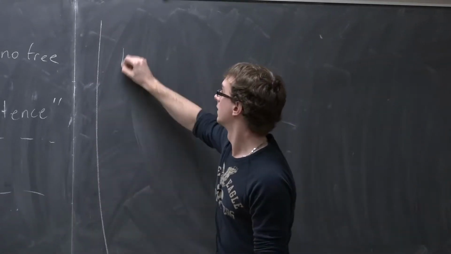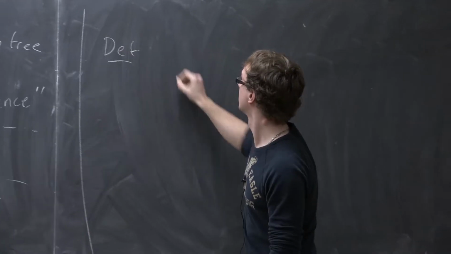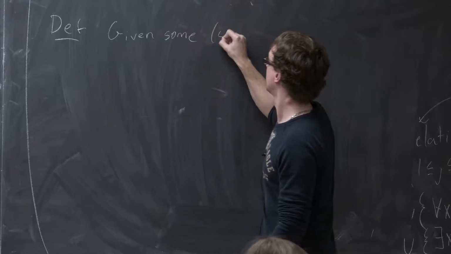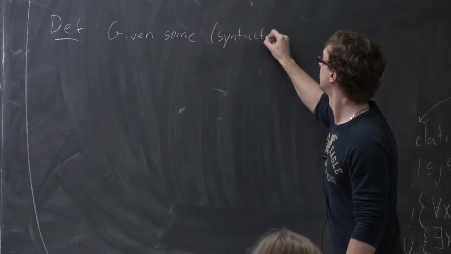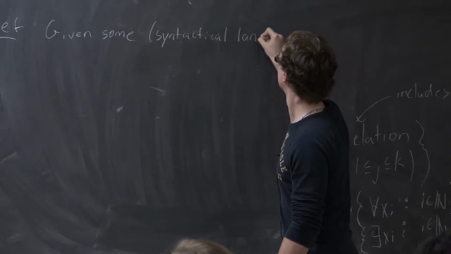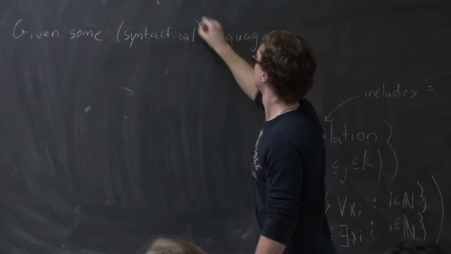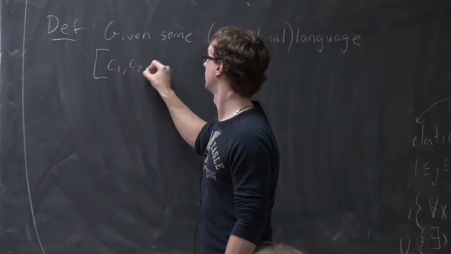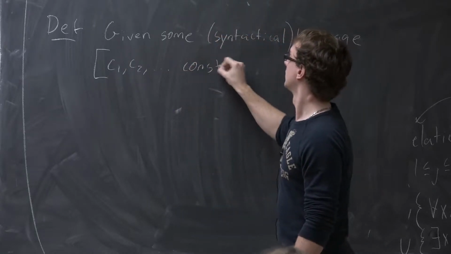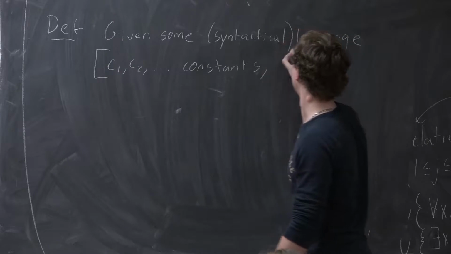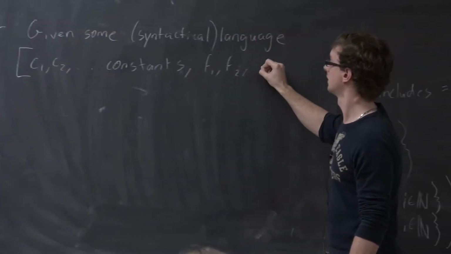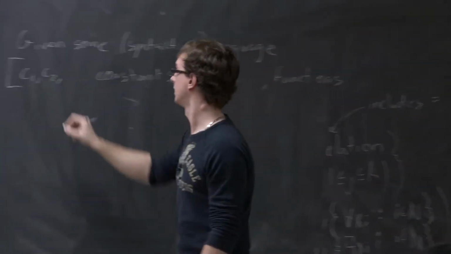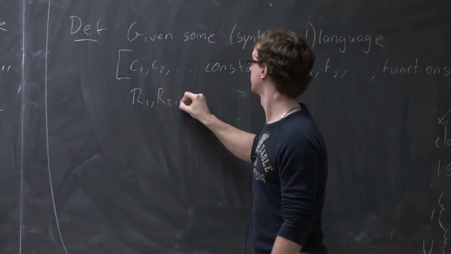So we define something called a structure. So given some syntactical language, and what I mean by given some language, I mean given choice of constants, given choice of functions, and given relations.